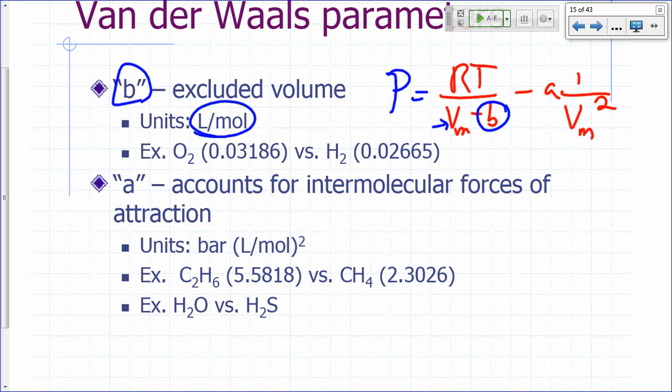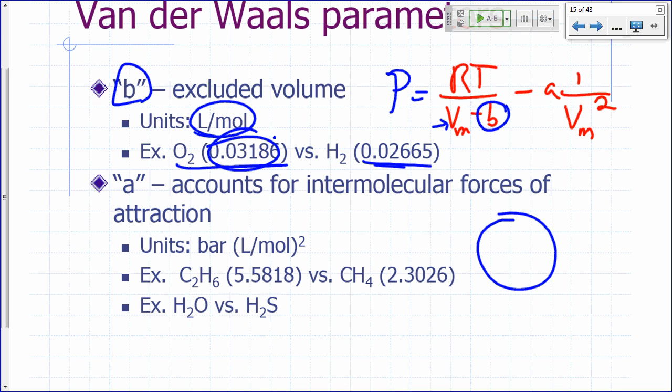Let's compare the B value for O2 versus H2. It's 0.03186 liters per mole for O2. For hydrogen, it's 0.02665. Why is that? Which one's bigger? O2. Why is the B value bigger for O2? What does B tell us about the molecule? The size of the molecule. So an O2 molecule is bigger than a hydrogen molecule.